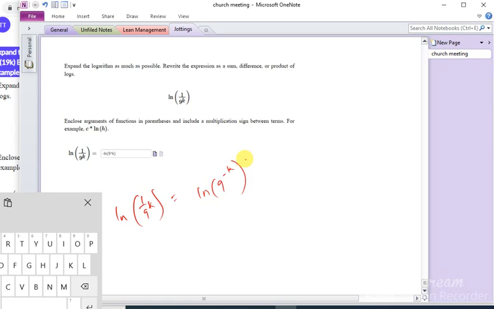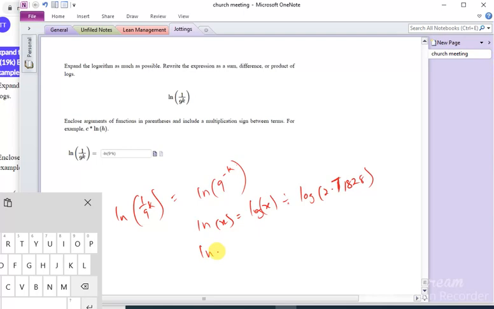Okay, but then we know the relationship between ln x is log x divided by log 2.71, right?